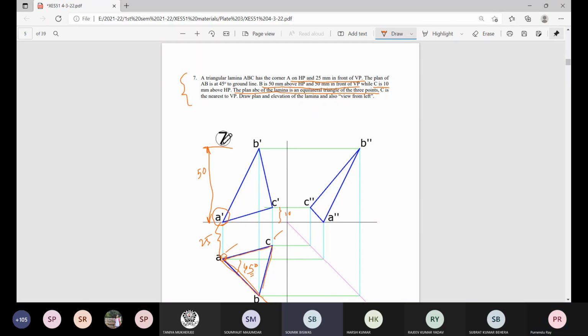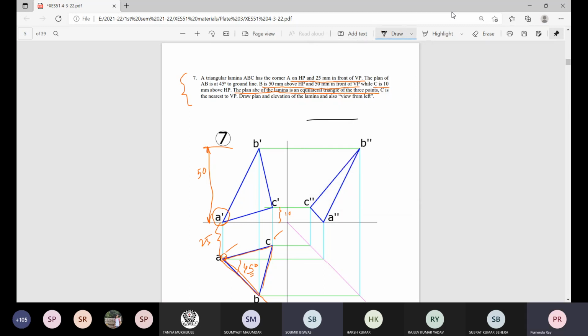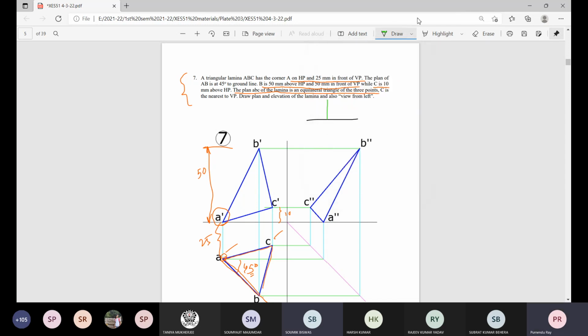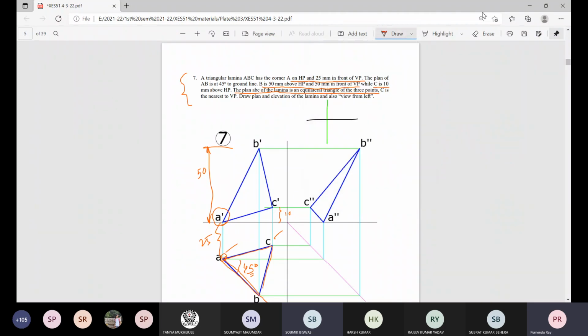Suppose we have a ground line, we have this projector, and it is informed that point B is 50 millimeter above HP, 50 millimeter in front of VP. So this is plan and elevation.